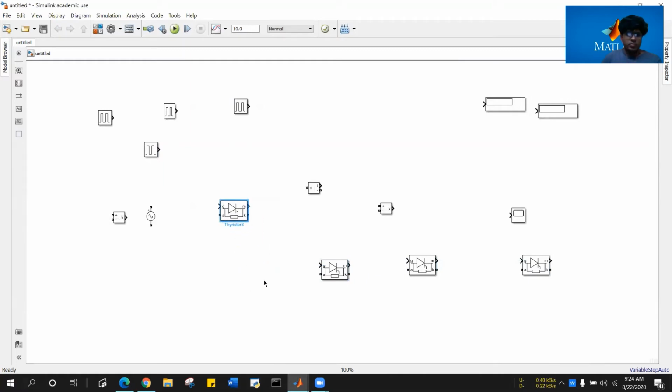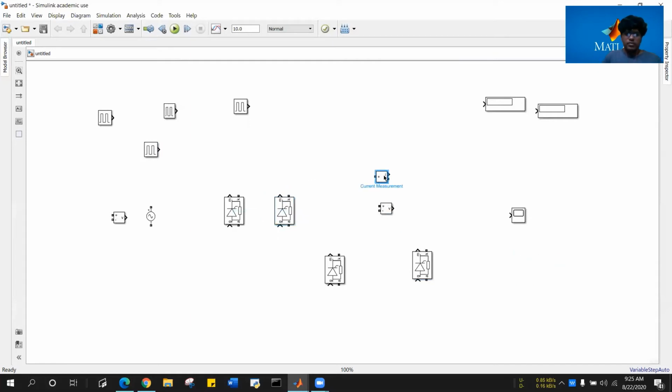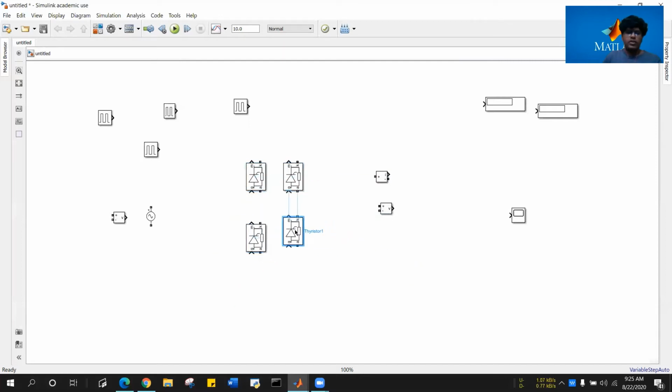thyristors, so I'll make it in position control. Now we have all four thyristors in position, and I guess we can start with the connections. Oh wait, we don't have a load, right?